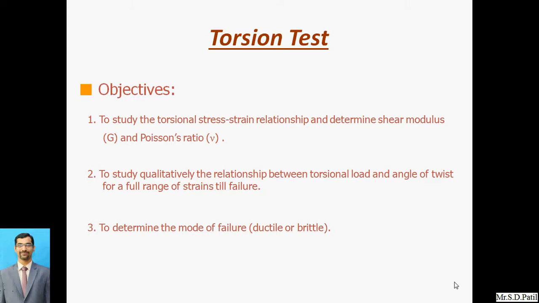I think you have seen the torque concept in engineering mechanics or in physics. So how the torque is applied and what is the exact phenomenon of torsional testing. In this lecture we will complete the meaning of torsion, how the torsional test is carried out, and then the objective of the torsion test.